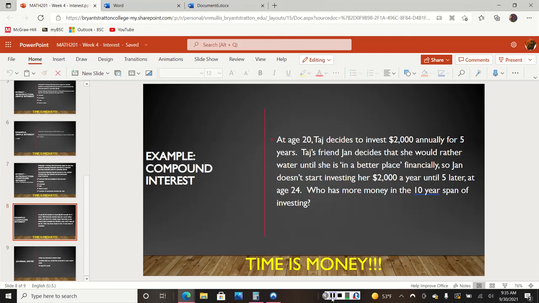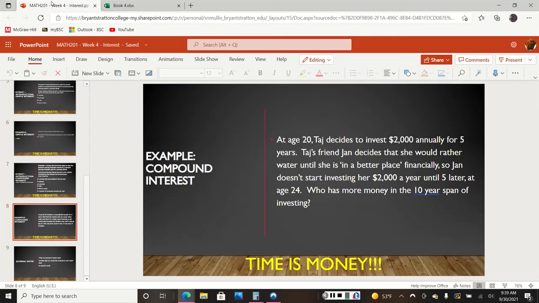Taj's friend Jan decides that she would rather wait until she is in a better place financially. So Jan doesn't start investing her $2,000 a year until 5 years later at age 24. Who has more money in the 10-year span of investing?